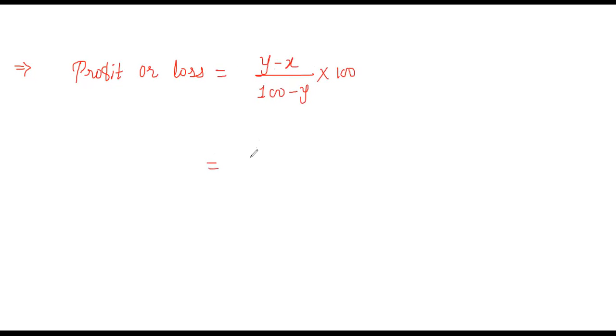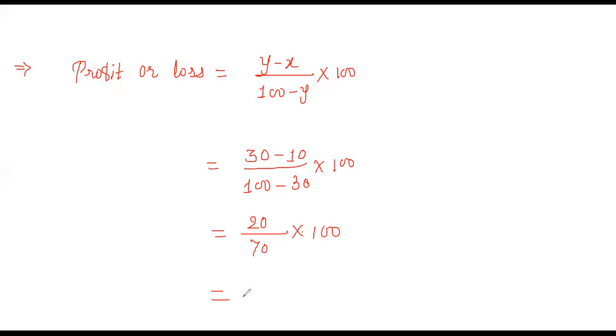What is the y? Y is the 30% less weight, so it is 30 minus x, that is 10%, divided by 100 minus y, that is again 30, into 100. So it is equal to 30 minus 10, it is 20, divided by 100 minus 30, that is 70, into 100.